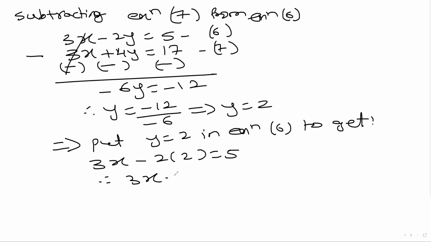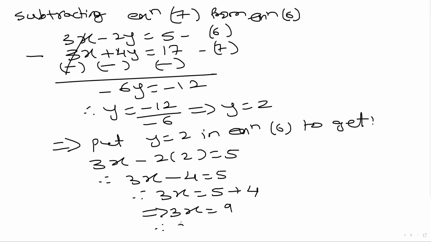So 3x minus 4 is equal to 5. So 3x is equal to 5 plus 4. That means 3x is equal to 9. Therefore, x is equal to 9 upon 3. This implies x is equal to 3.